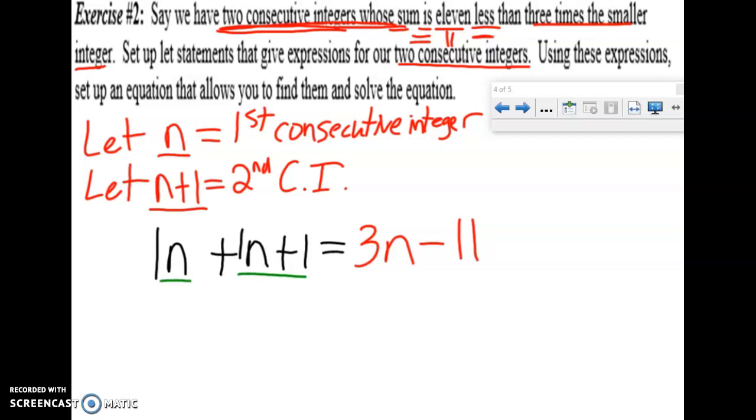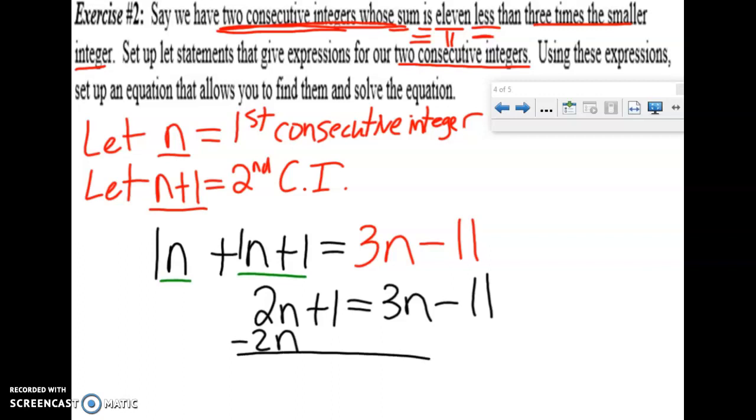All right. So from there, we want to go ahead and combine like terms. 1n and 1n is 2n plus 1. This is equal to 3n minus 11. Now my rule of thumb, whenever we're solving this with variables on both sides, move the smaller coefficient. So we're going to go ahead and subtract 2n on both sides, leaving us with 1 equaling 1n minus 11.